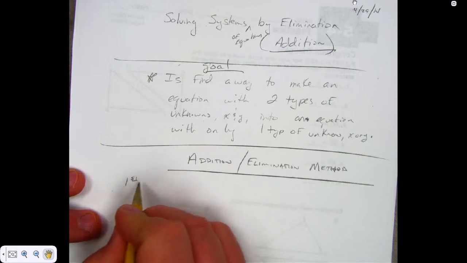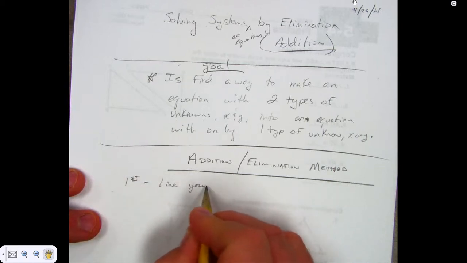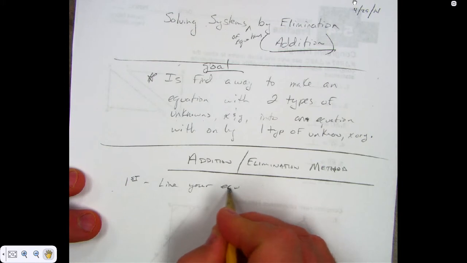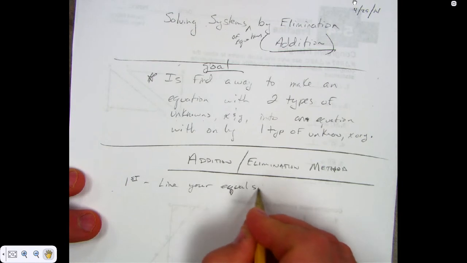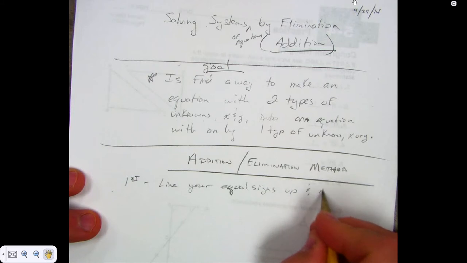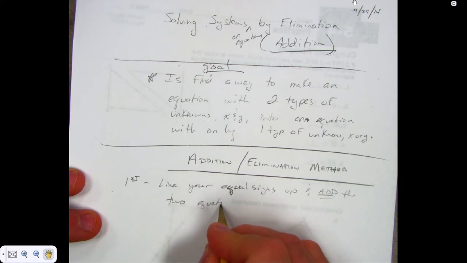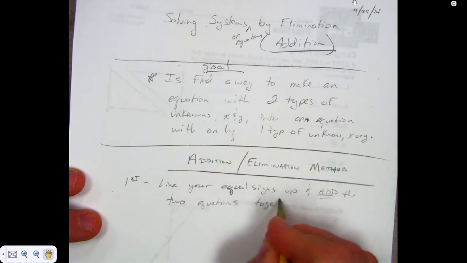First step: line your equal signs up and add the two equations together.